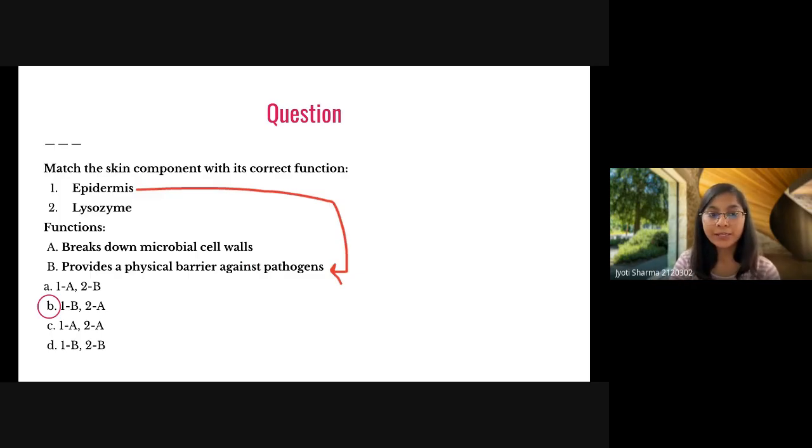And in sweat, we have the enzyme known as lysosome. Lysosome will break down the microbial cell wall, and this is how it can protect us from bacterial infection. So the answer will be B.